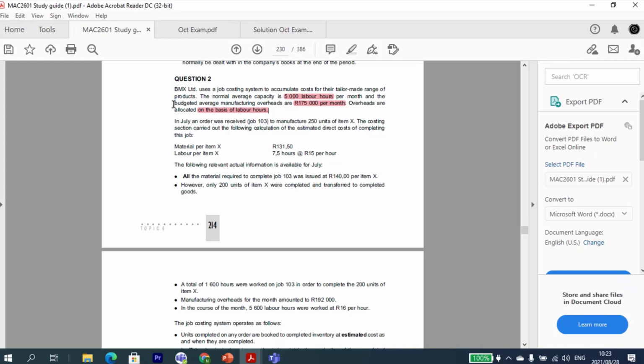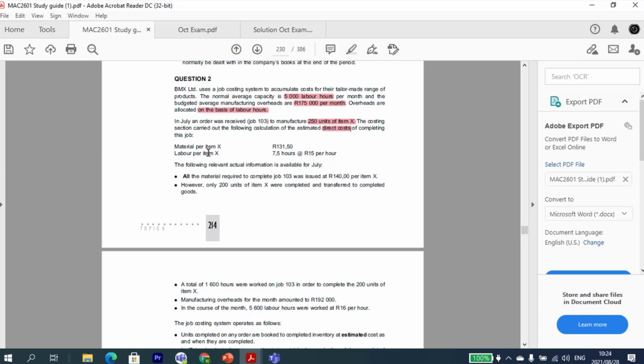In July, an order was received, job 103, to manufacture 250 units of item X. The costing section carried out the following calculation of the estimated direct costs to complete this job. And these are estimates.